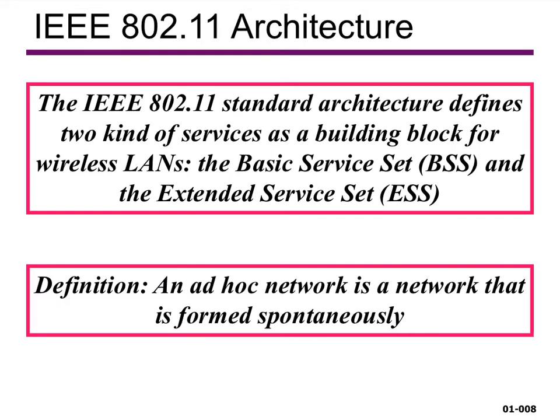If the basic service set works without the access point, we call it ad hoc. We call it ad hoc, which means that the communication does not necessarily have to go through the access point, right?